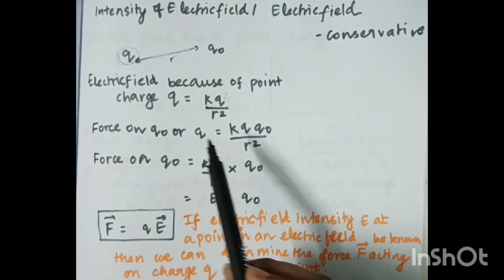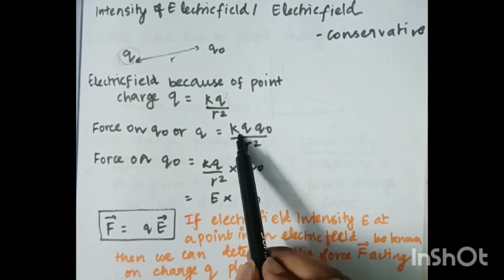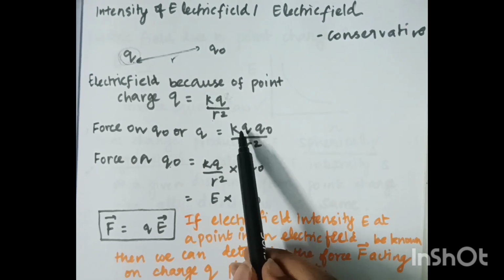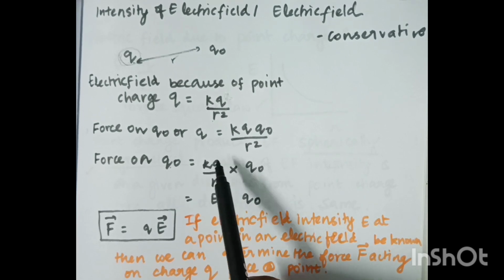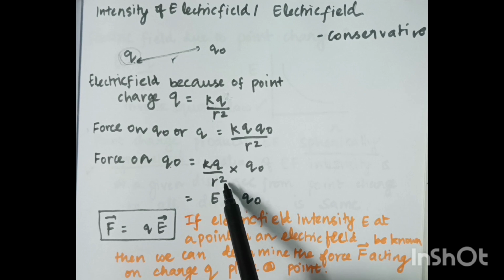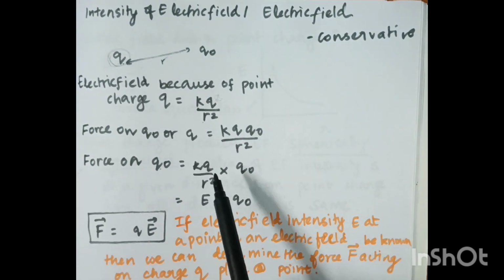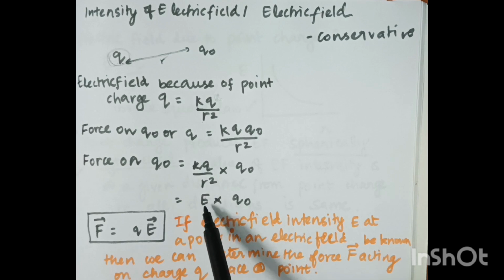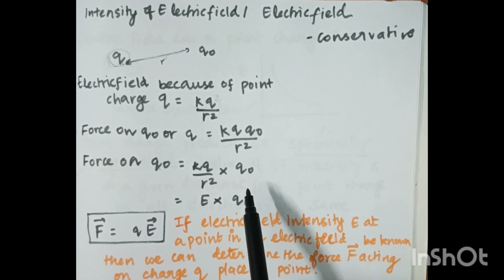Now what is the force on Q naught? I have told it is kQ Q naught by r square. So I am writing it like this: kQ by r square into Q naught. This kQ by r square is nothing but the electric field because of this charge Q, and that I am representing with E. So force is E into Q naught. What does it mean?